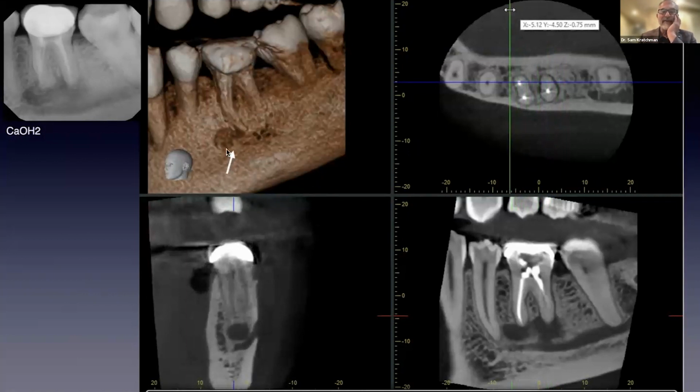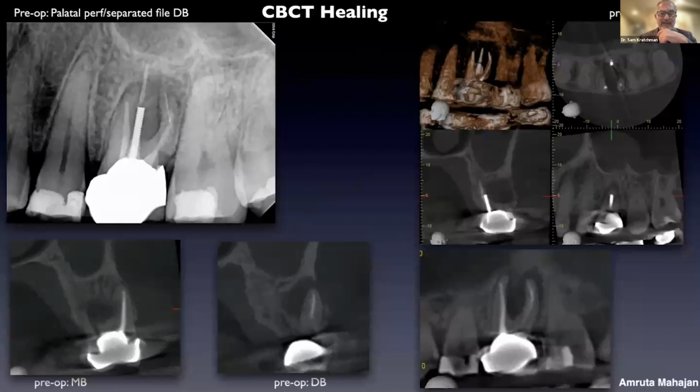You can see with this arrow, this is the lesion, this is the mental foramen where the nerve comes out. So there's no way we're touching this with surgery. So the treatment plan becomes a conservative retreat because you don't want to risk paresthesia for this patient.